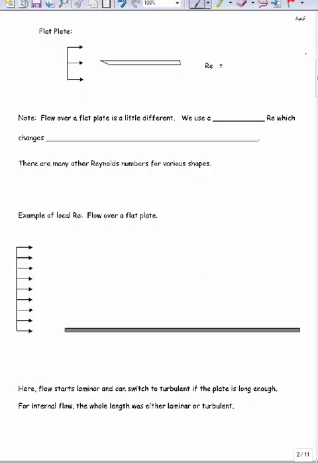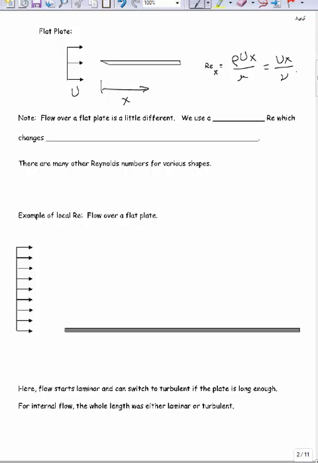A flat plate is a little bit different, and that's what we're going to mainly focus on today. If you have flow over a flat plate, say the top of a building or the side of a building or the top of a semi-truck, the characteristic length is actually going to be x. Reynolds number sub x is rho U x over mu, or U x over nu.